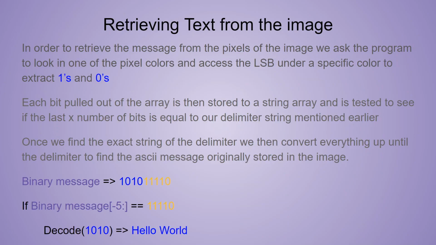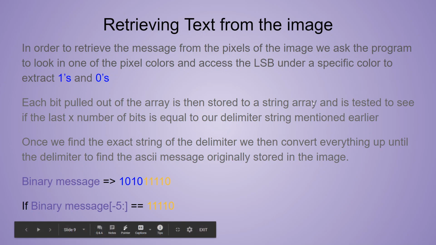Let's just say we send it on to our friend here, and then they would ask themselves, okay, I got the image, now how do I retrieve the message? Well, what they would do is look through the pixels here and look for any under a specific color.